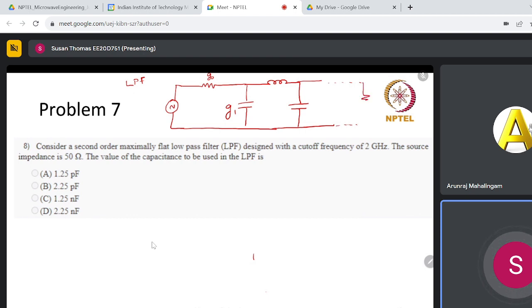And the last element would be Gn plus 1. Okay, and that n will be the order of the filter. N will be the order of the filter. And Fc is the cutoff frequency.